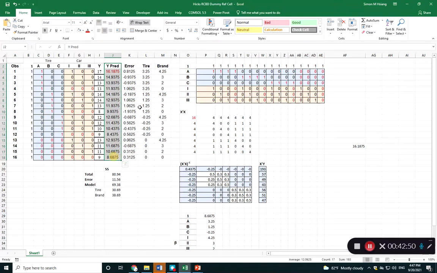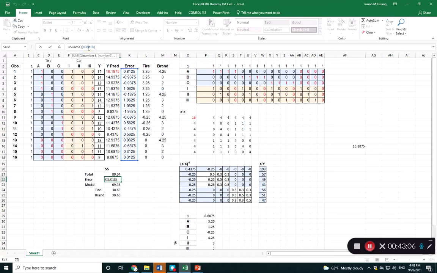Agree? And then, of course, your error term will be what? Your observation minus your prediction. That will be your error term. So once you do that, what will be your sum of square error? Your sum of square error is all the error terms combined. Agree?